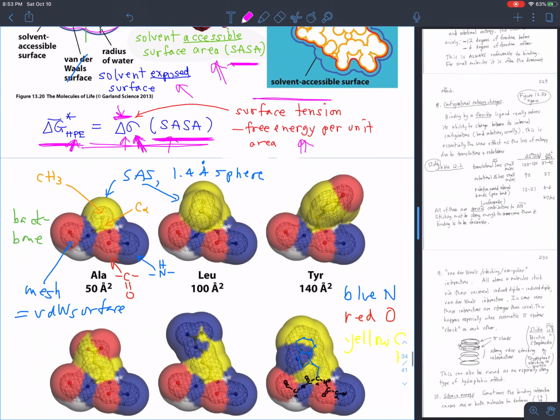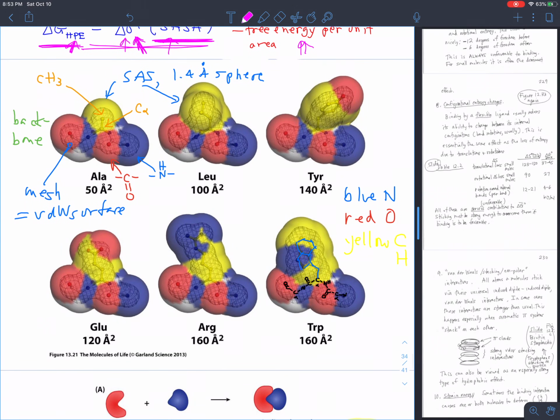If we look at the amino acids, you can also define the surface areas associated with those amino acids. And you can assign a certain amount of solvent accessible surface to each part of each amino acid.